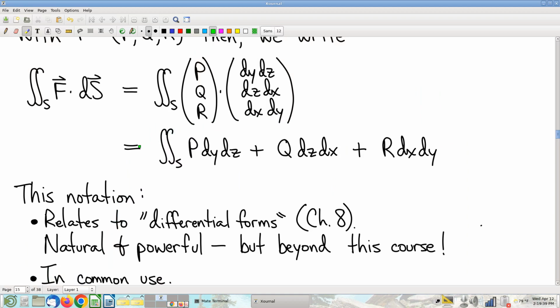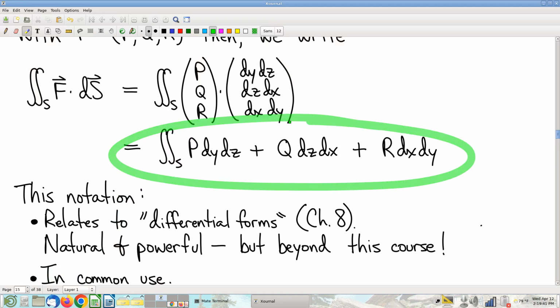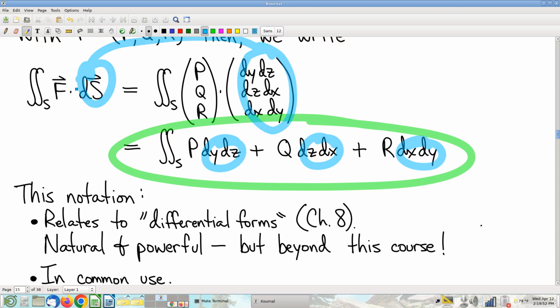And so reminder, when you see this notation, remember that these differentials, these coordinate differentials, are just code for the ds vector.